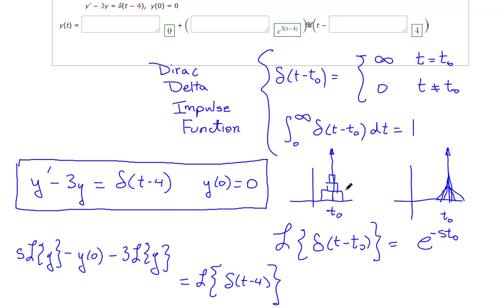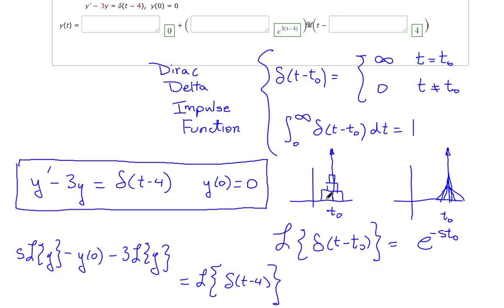So think about it as a spike at t0 that just goes up forever, but this thing actually seems to have 0 width.